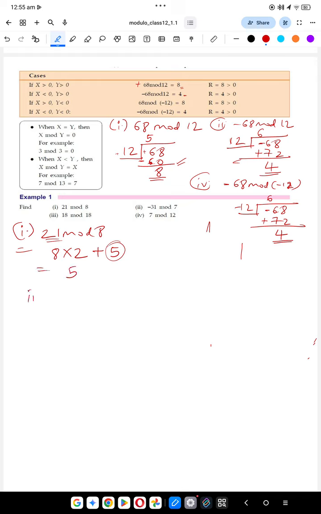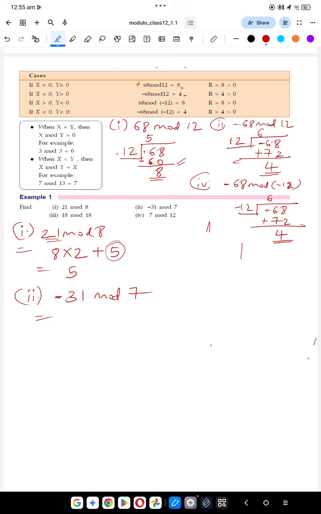Now let's solve this: minus 31 mod 7. Here our dividend has the negative sign, which is minus 31. So what should we think?